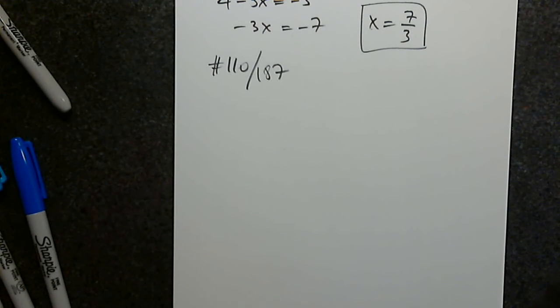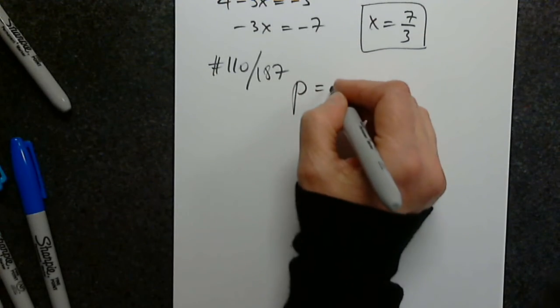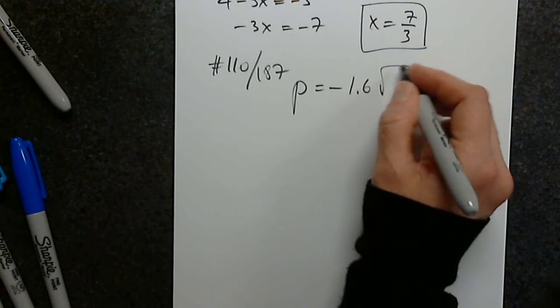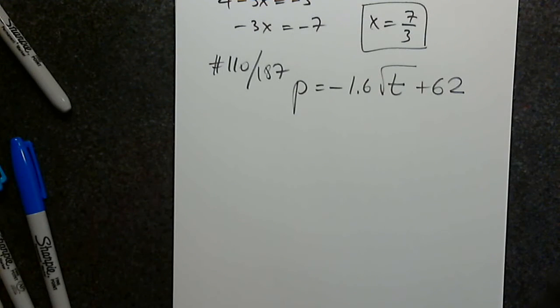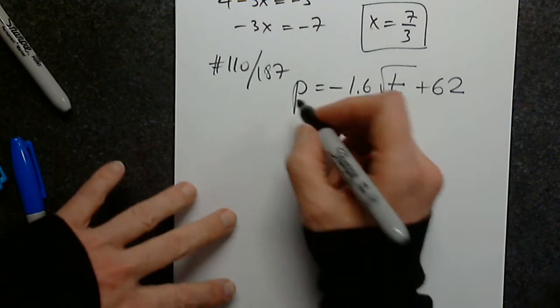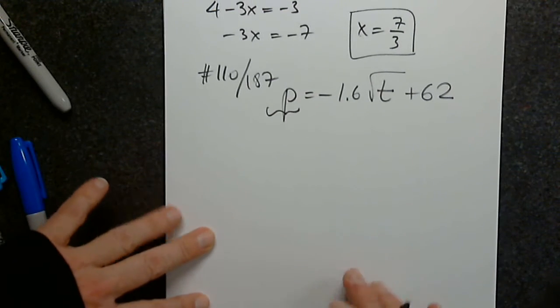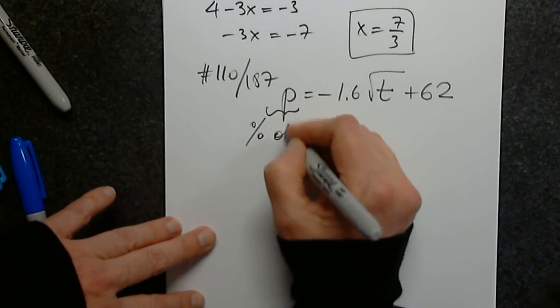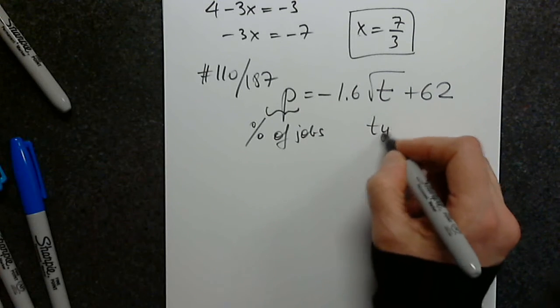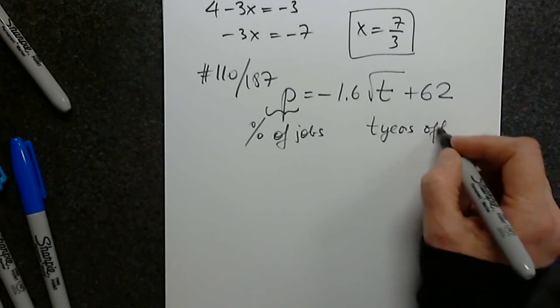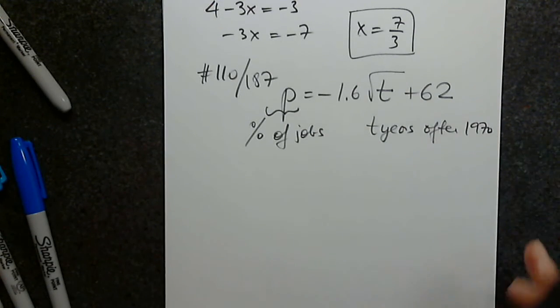So we're given a formula, P equals negative 1.6 times the square root of T plus 62. Models the percentage of jobs. Every time I read, I take notes. Percent of jobs in the U.S. labor force, P, held by men, T years after 1970. T years after 1970.